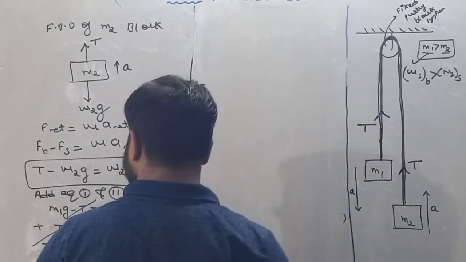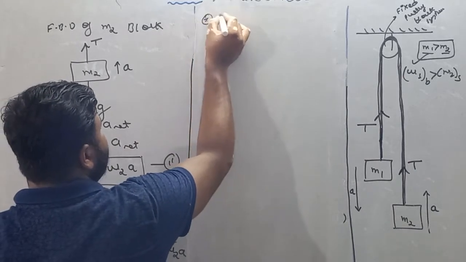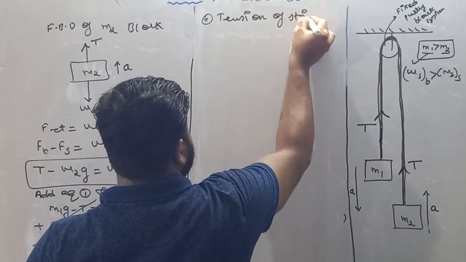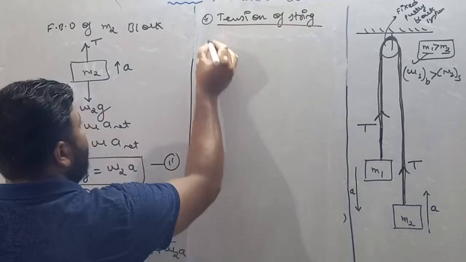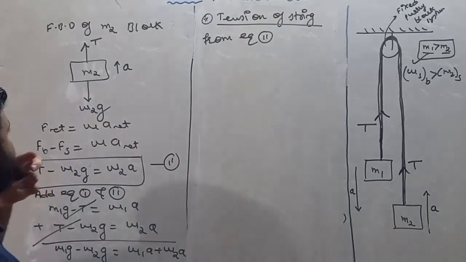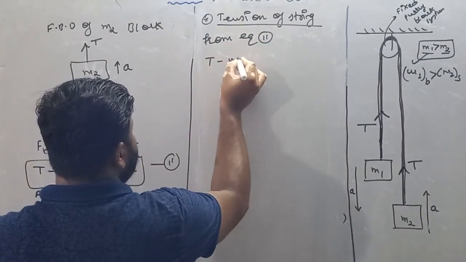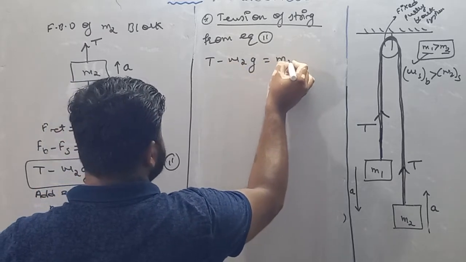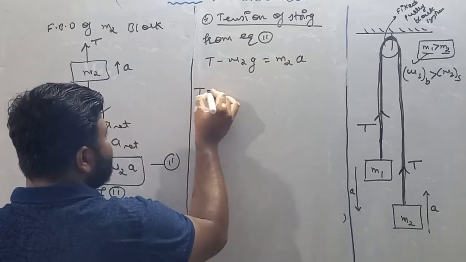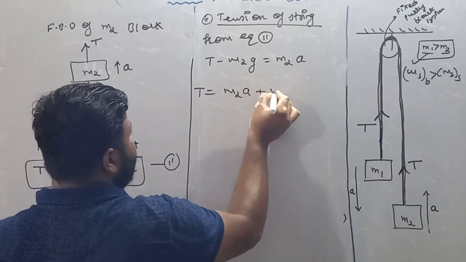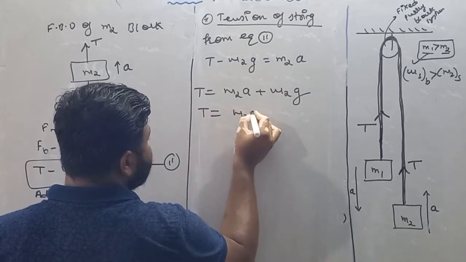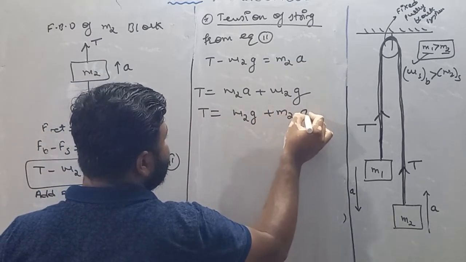So now we are discussing tension on the string. From equation second, T minus m2g is equal to m2a. So let's take m2g this side. T is equal to m2a plus m2g, or T is equal to m2g plus m2a.